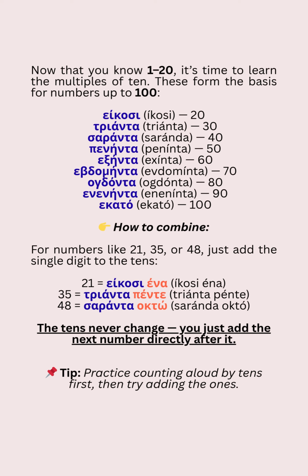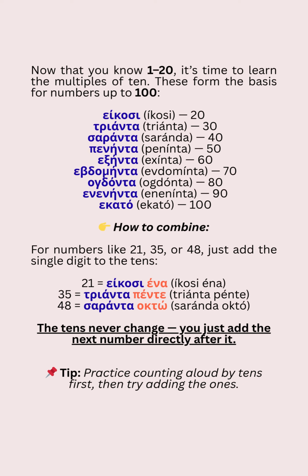Then you can do combinations. For example, I have put some here: 21, 35, 48. Or you can say, for example, let's combine 99. What is 99? Okay, it's 99.